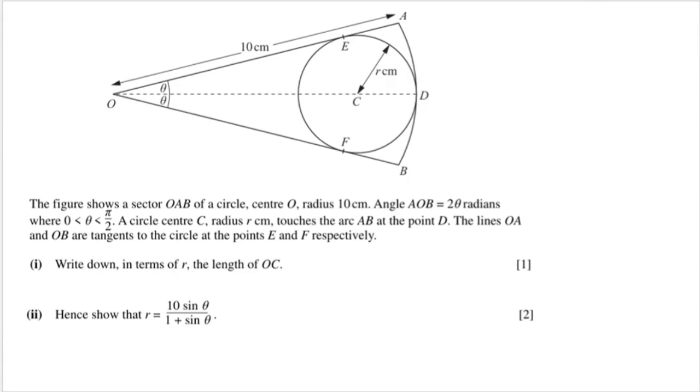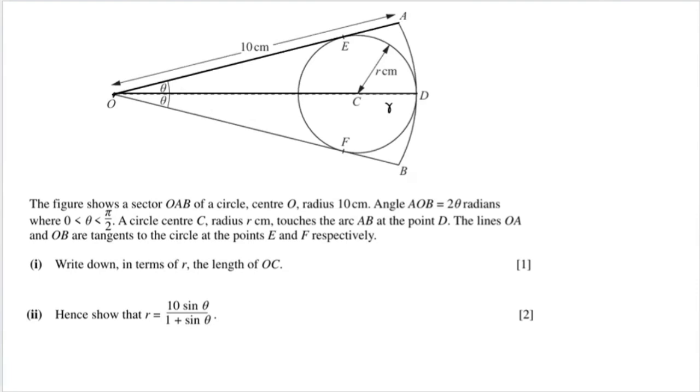Part 1. Write down in terms of r the length of OC. So this is OC. And we know that this is r, since it's the radius. And this complete thing is 10. I'll show you why this is 10, because this is a sector, center O. So all of the radii are going to be the same, right?